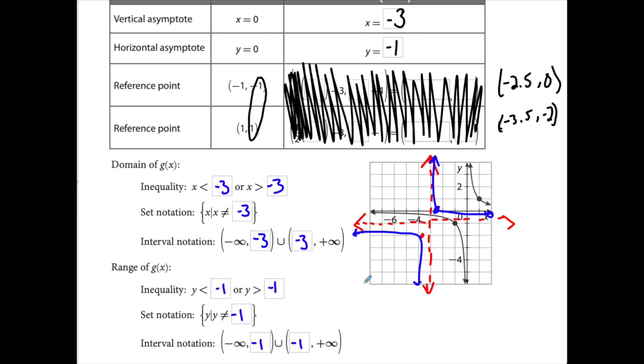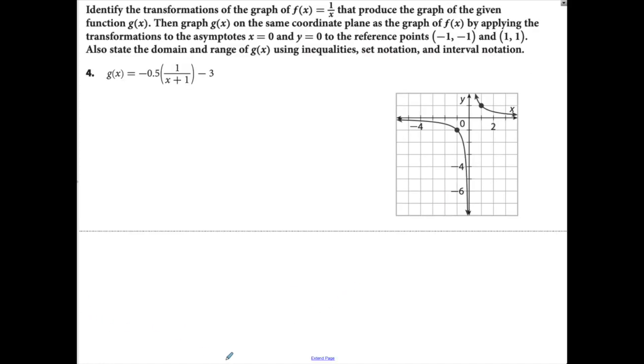We'll have our four little corners, four little pieces, and then by using our reference points, we're going to figure out which two pieces we're going to find the graph in, okay? So we have the graph negative 0.5 times 1 over x plus 1 to the minus 3.